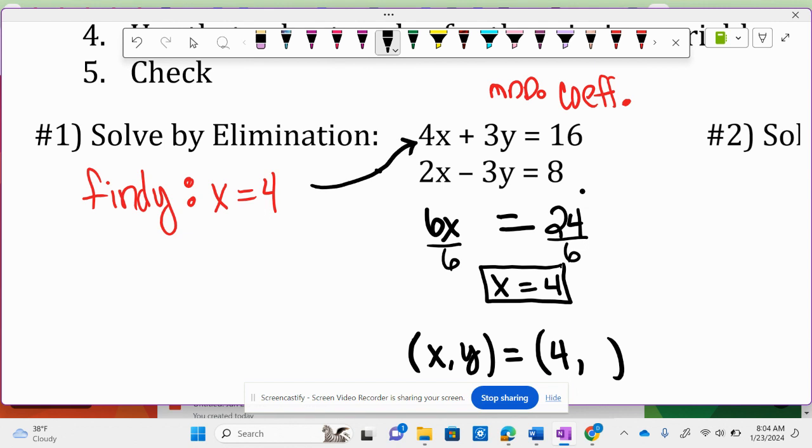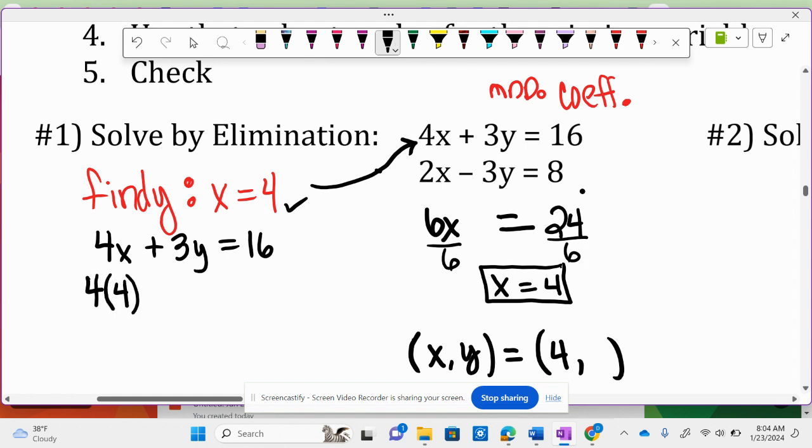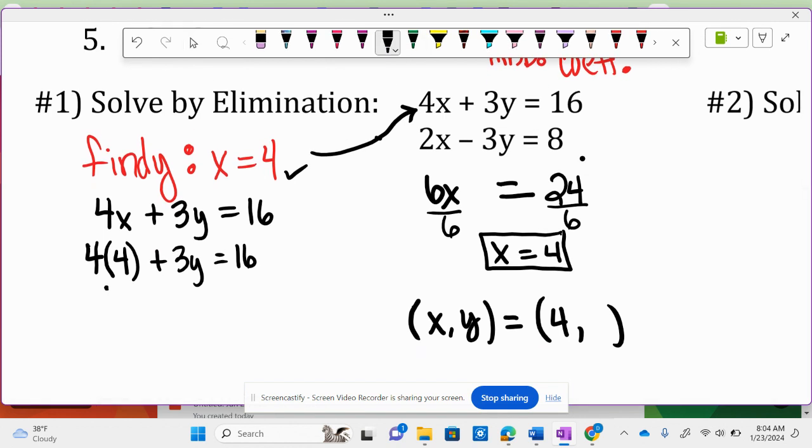I'm just going to use the top equation. My top equation is 4x plus 3y equals 16. But we already discovered that x equals 4. So that's really 4 times 4 plus 3y equals 16. What is 4 times 4? 4 times 4 is 16. 16 plus 3y equals 16.